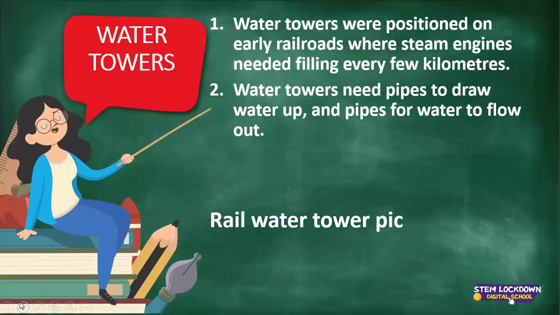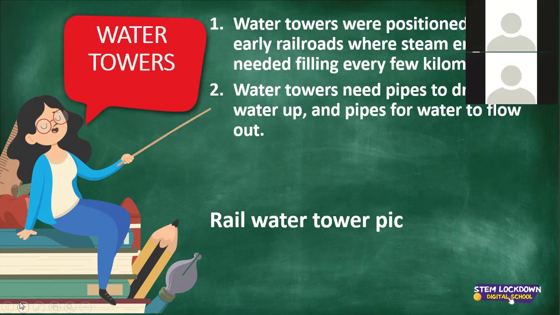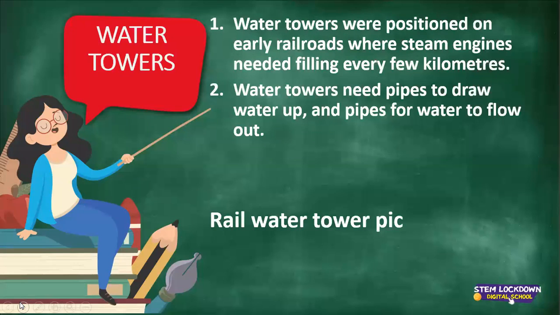Water towers were positioned on early railroads, where steam engines needed to fill up with water every few kilometers. In the olden days, they used to have water towers near railroads.